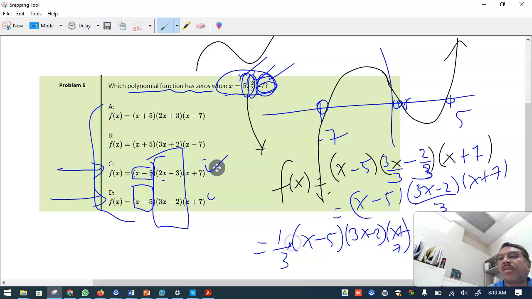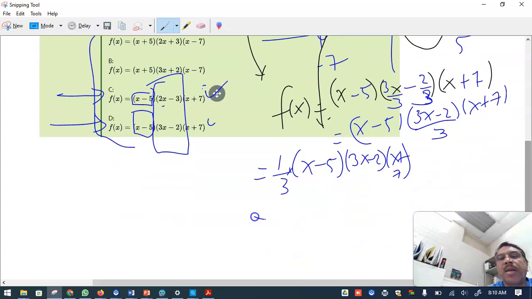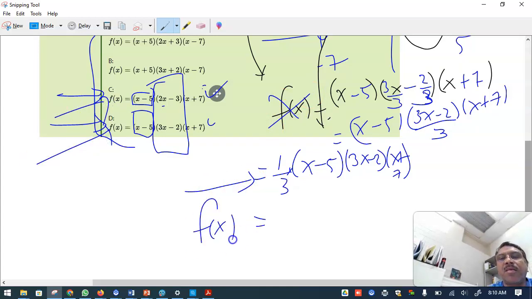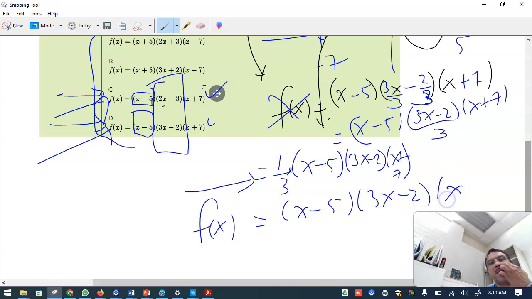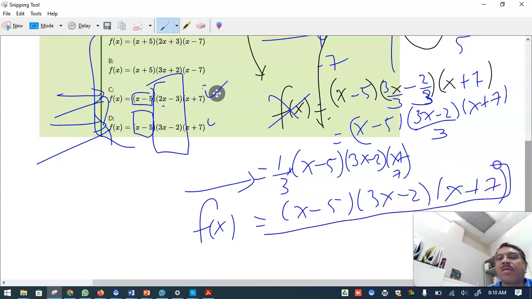So this is the actual one, but the one they give us is option D, because it is without the 1/3. So this also is correct.